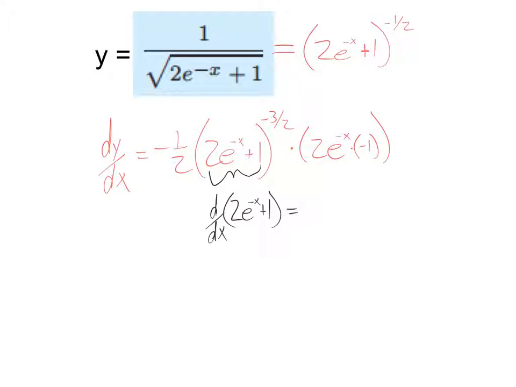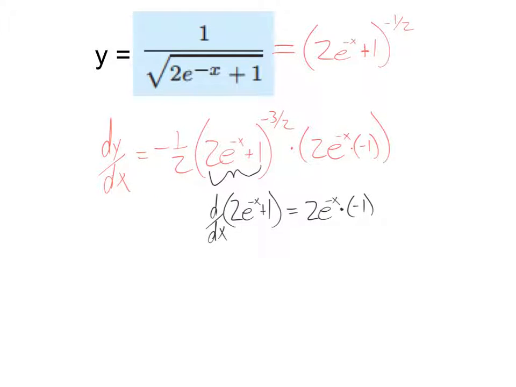So the derivative there is 2e to the negative x, but then I have to multiply that by the derivative of negative x. That's where that negative 1 is coming from. Okay? So I have a function within a function that's within a bigger function. The negative x is inside my exponential function. The exponential function is inside my radical function. Okay? So that's where this is coming from here.